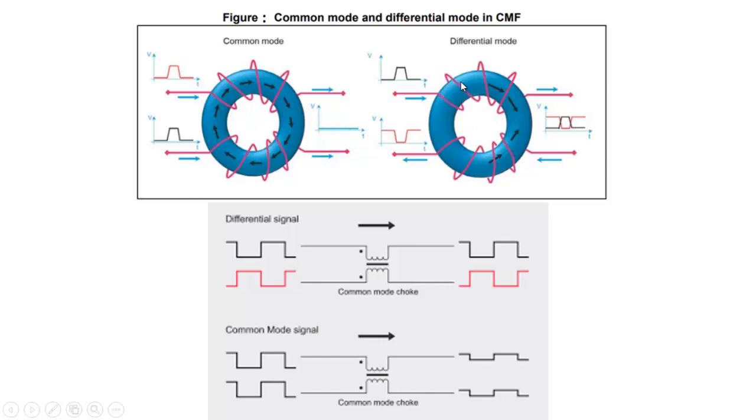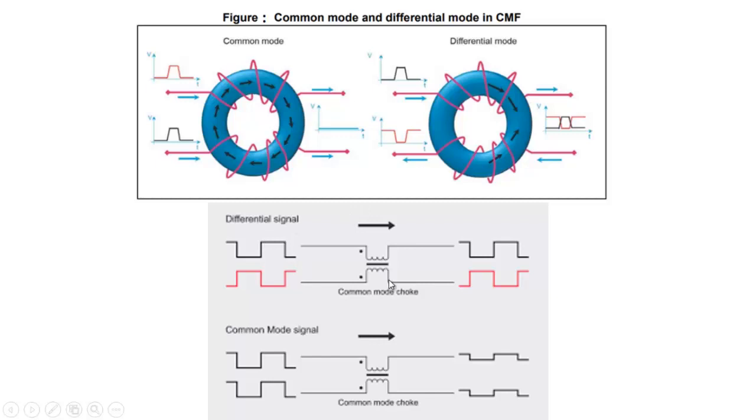But when differential mode noise is applied to a common mode choke, the signals are in the same shape. That means the common mode choke cannot filter out differential mode noise.